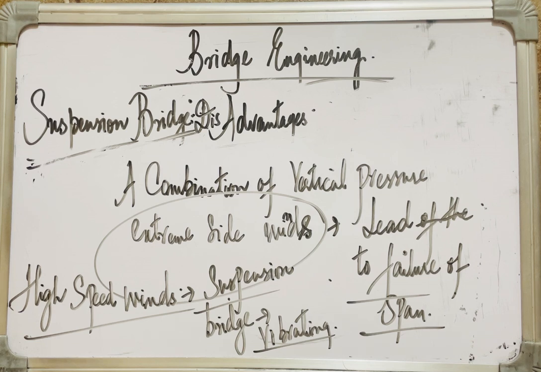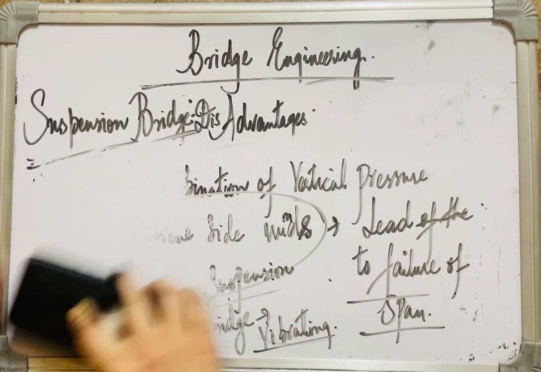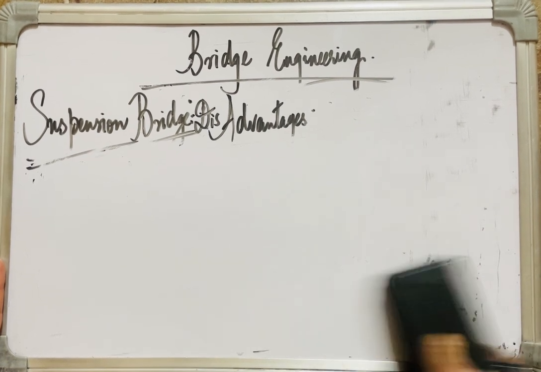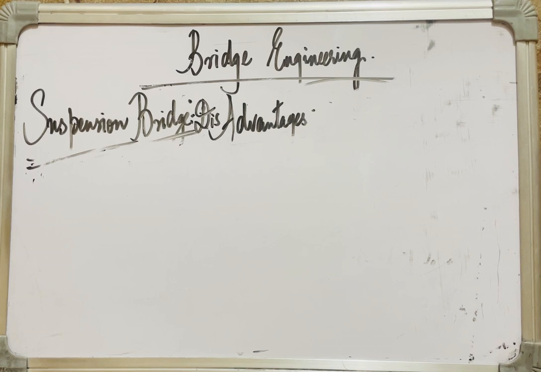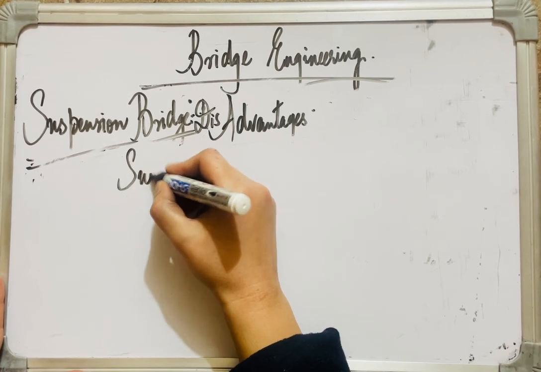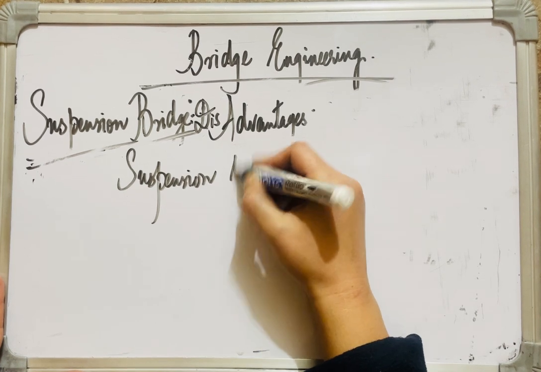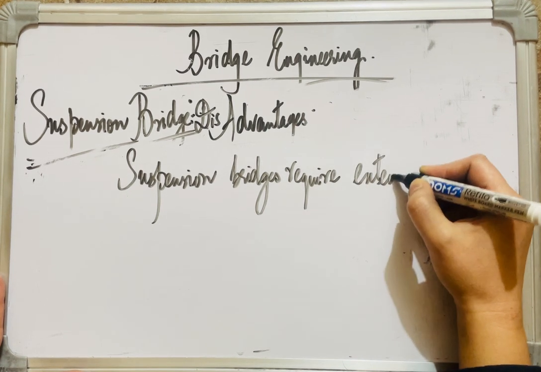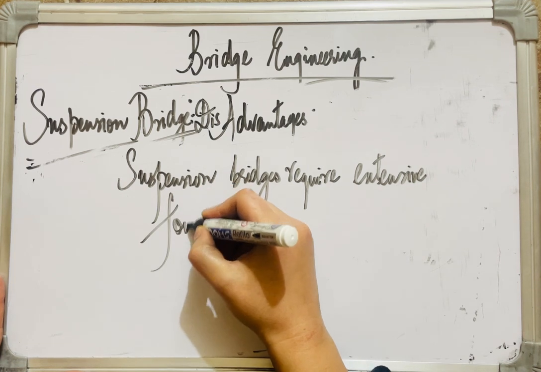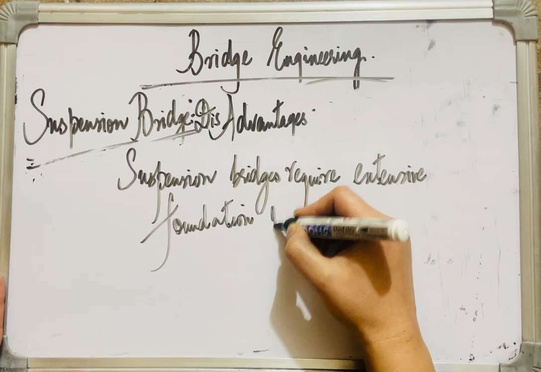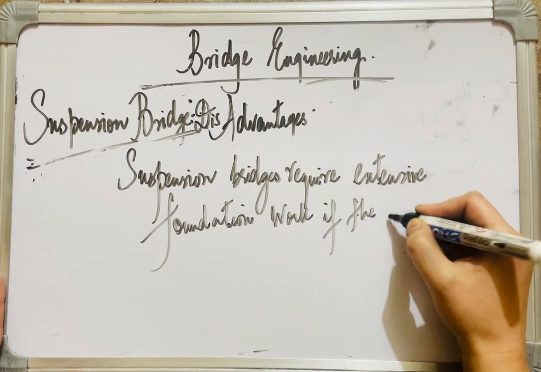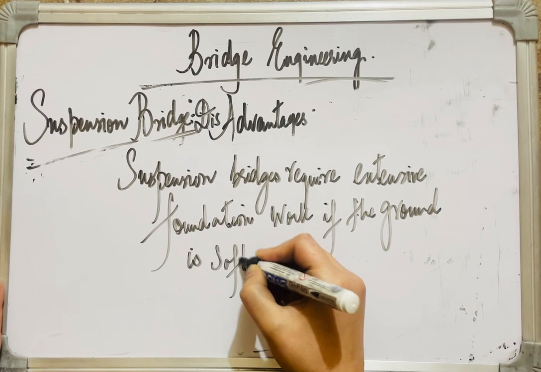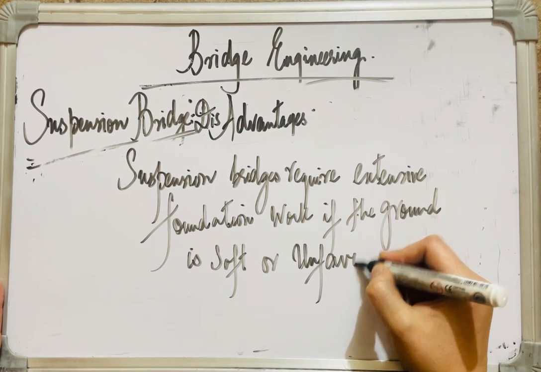All right, the last disadvantage of these bridges which we are going to study here is that some suspension bridges require extensive foundation work if the ground is soft, or if there are unfavorable soil conditions.